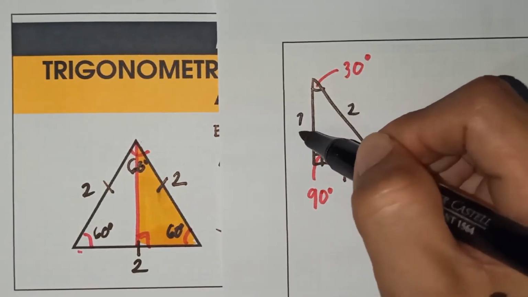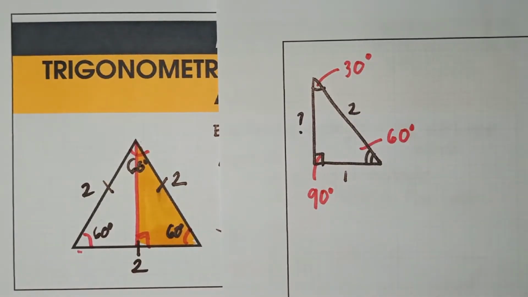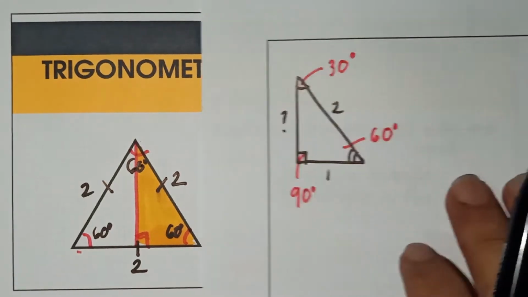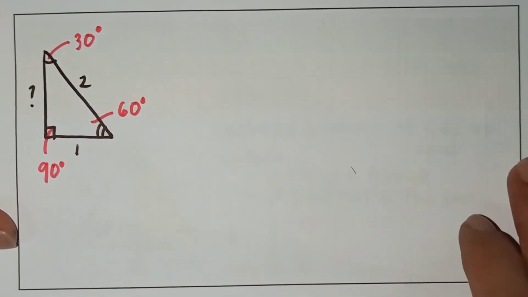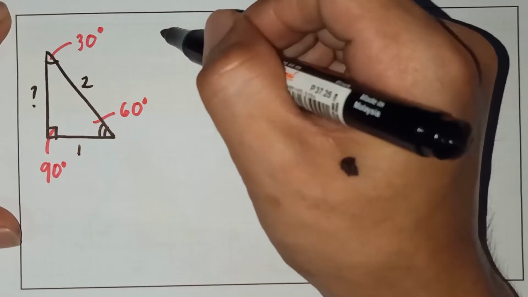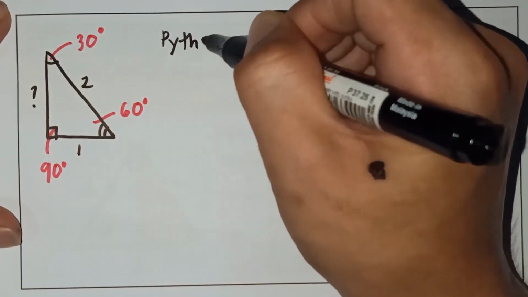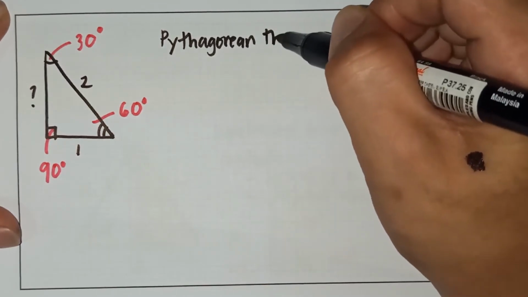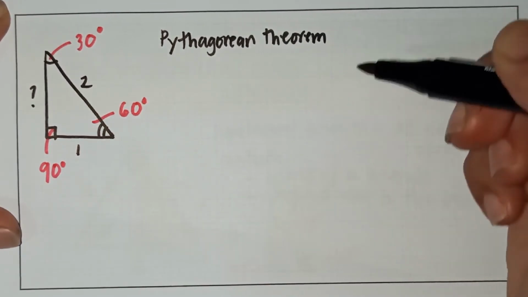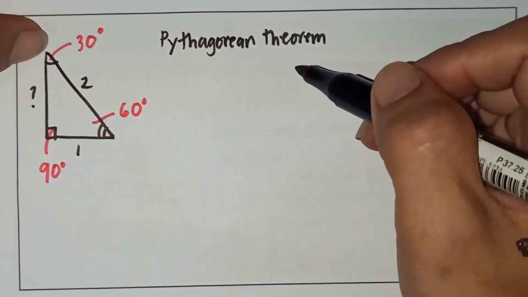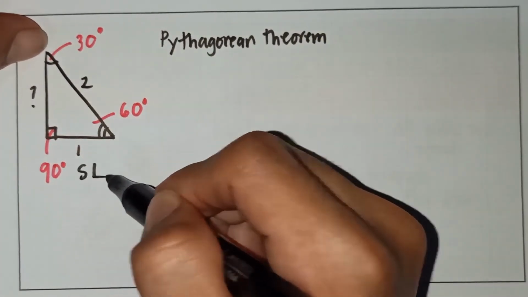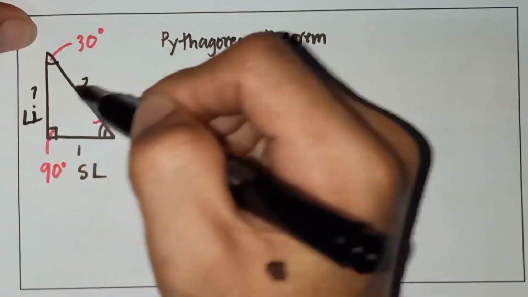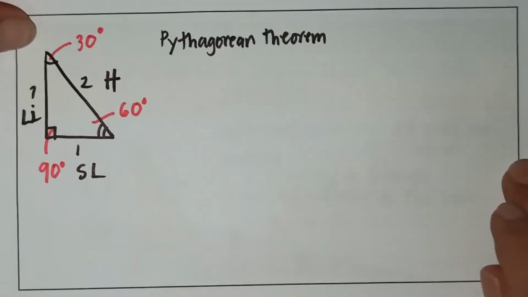The question here is, what is the height of the triangle? Using the Pythagorean theorem, this will be the shorter leg, the longer leg, and the hypotenuse.